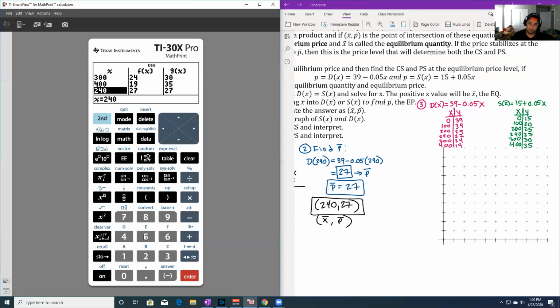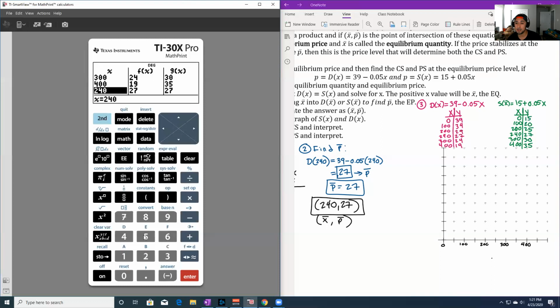Okay, let's graph. So once again, 0, 100, 200, 300, 400. All right. Y values, what do we have? 39, 34, 27, 24, 19, 15, 20, 25, 27, 30.